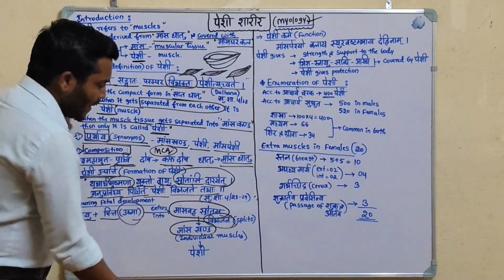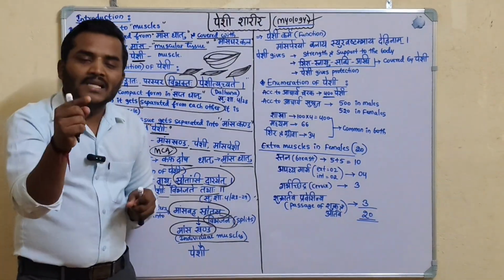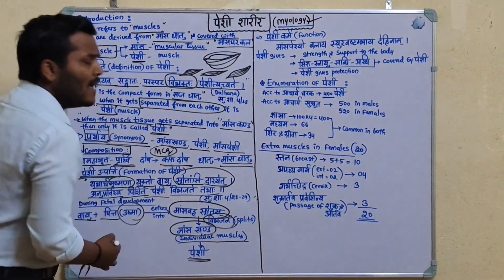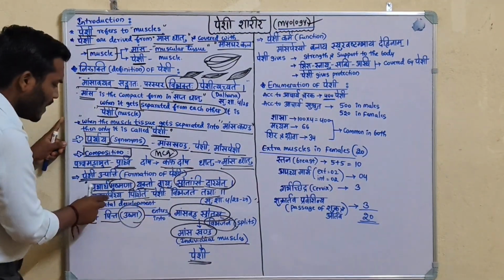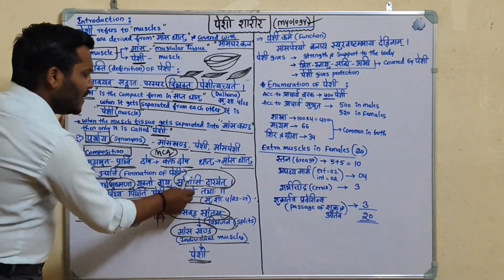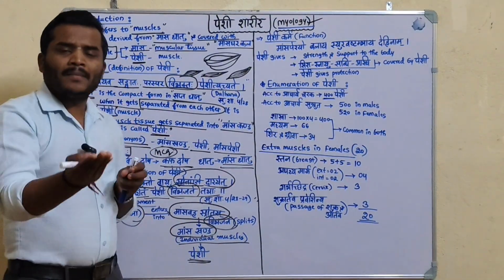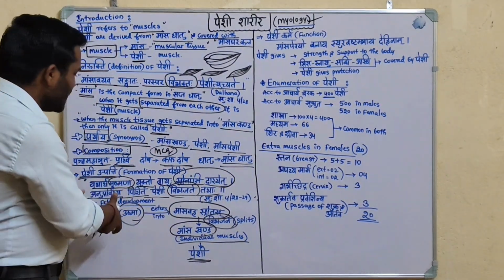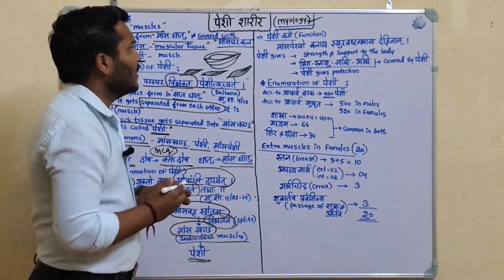Mamsa Kanda means individual muscles. Those individual muscles are called Peshi. Vibhajate here refers to the split form of the muscular tissue. This is the formation of the Peshi according to Ayurveda.